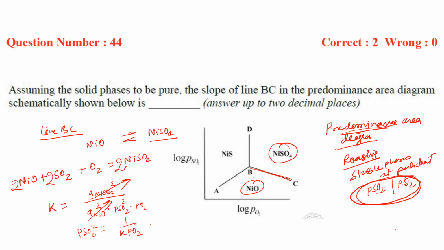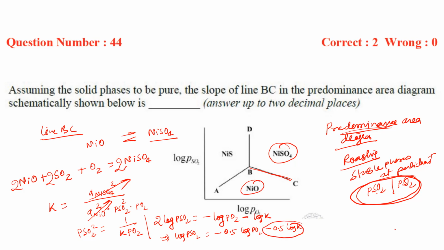If you take the log value, then 2 log PSO2 is equal to minus log PO2 minus log K. So log PSO2 is equal to minus 0.5 log PO2 minus 0.5 log K.